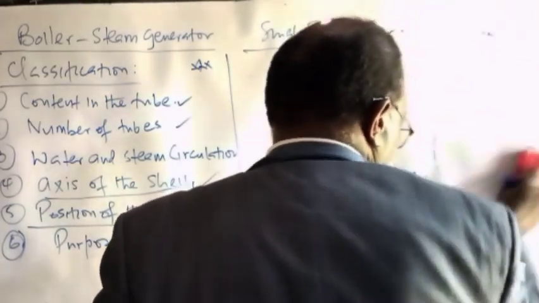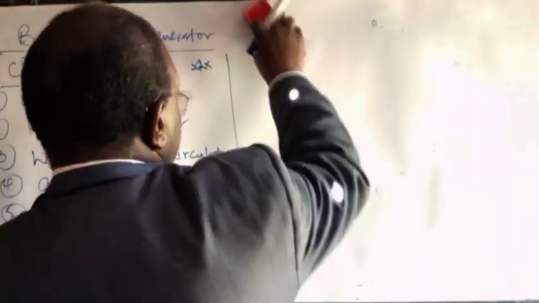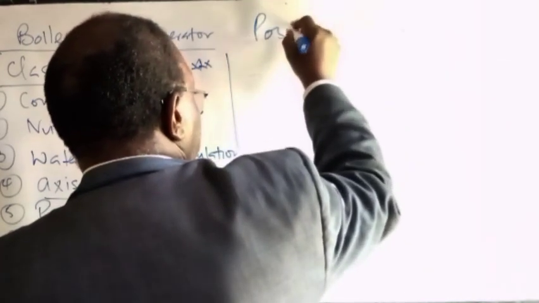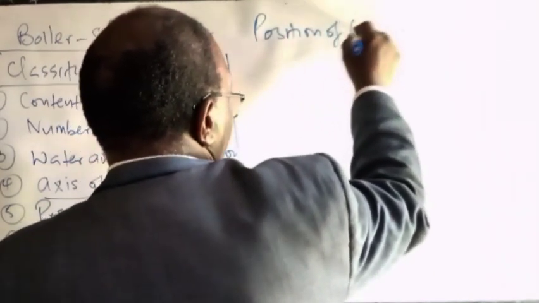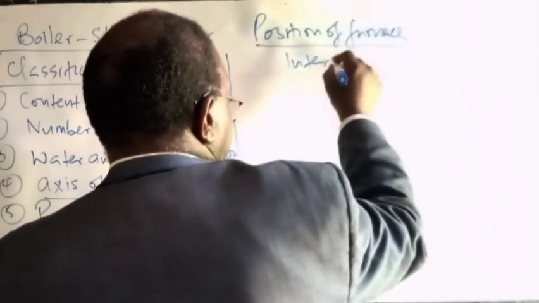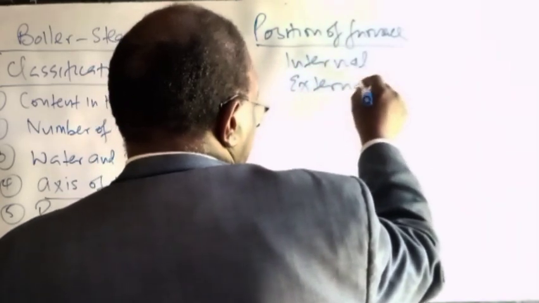Those are very important things for the classification of boilers. Talking of position of the furnace, it can be internal, that is in the boiler, or external, that's outside the boiler.